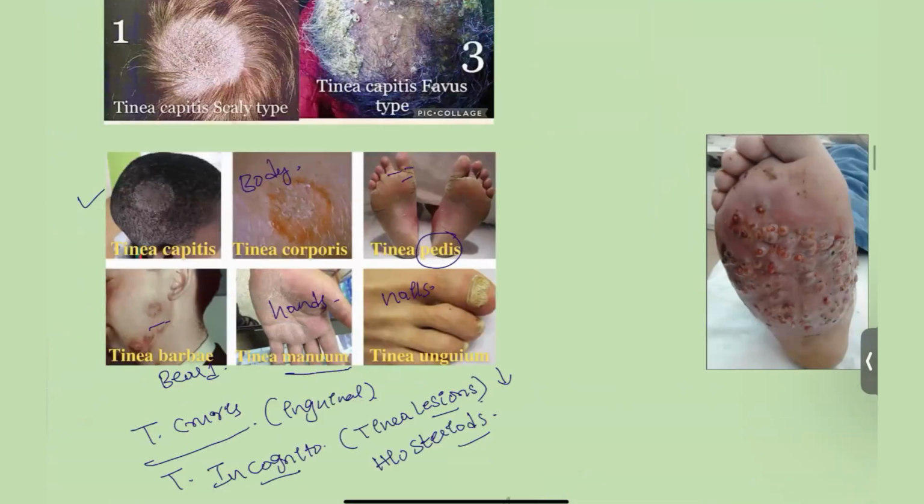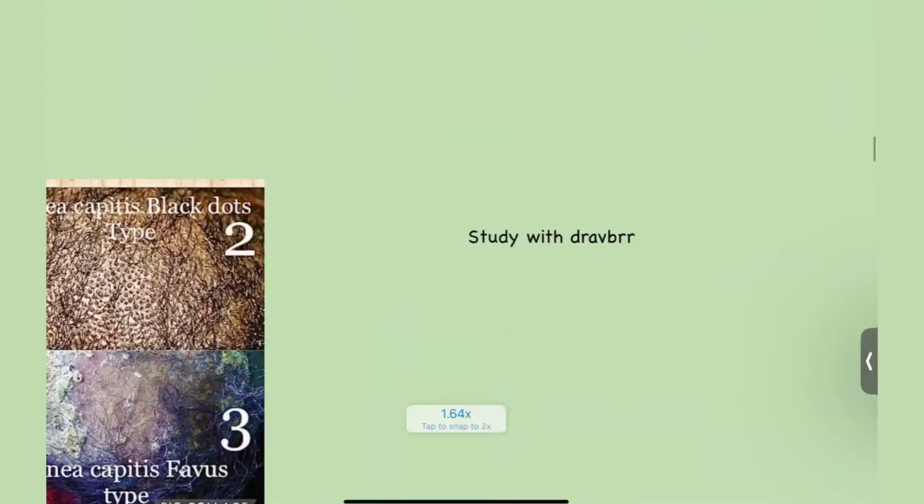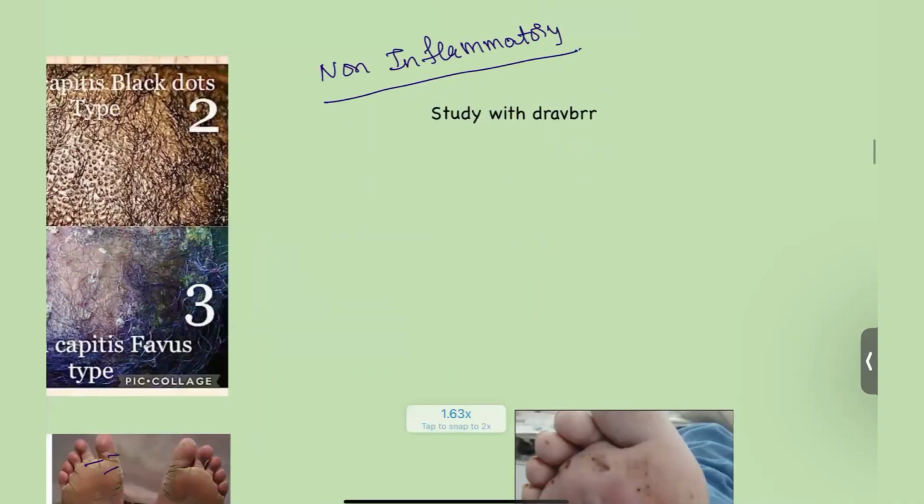Next, coming to the other tinea types. So we have the non-inflammatory type and the inflammatory type. Non-inflammatory types are two types. One is the black dot and the other one is the gray patch.